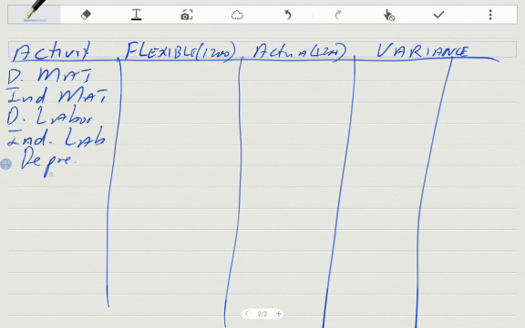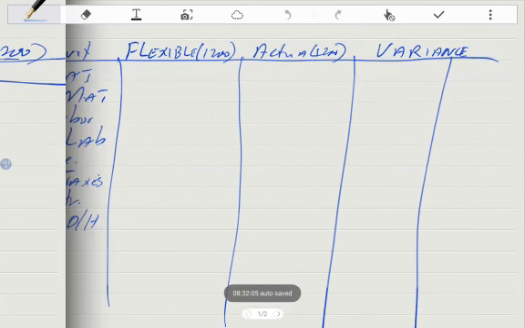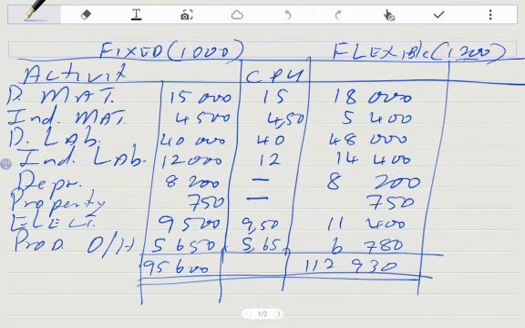After your depreciation, this is your property taxes, followed by the electricity, and lastly your production overheads. In the flexible budget, you'll simply come to your solution in requirement A. So you take all these values that you have here as they are. You don't change them because they are based on 1,200.